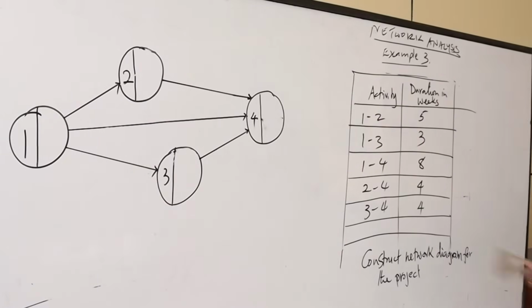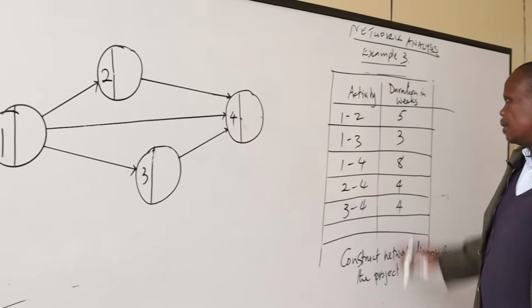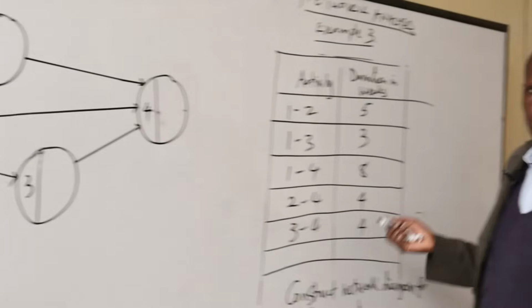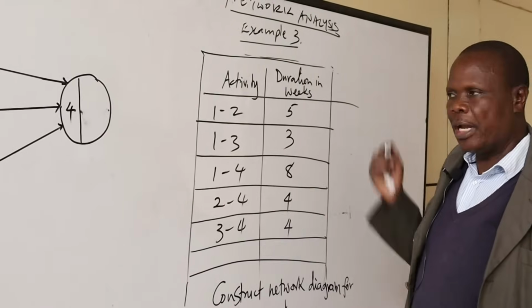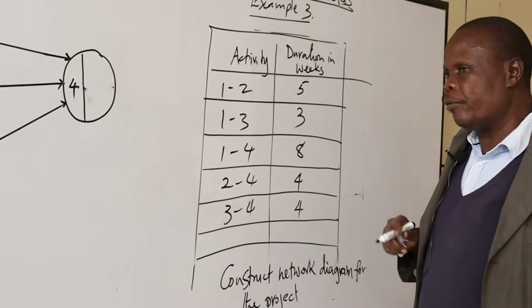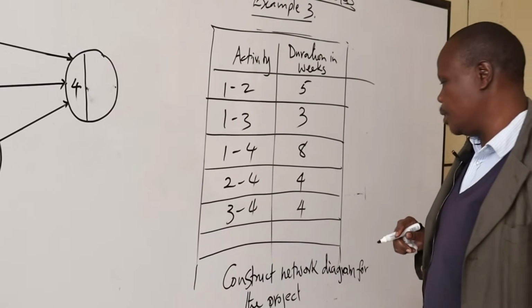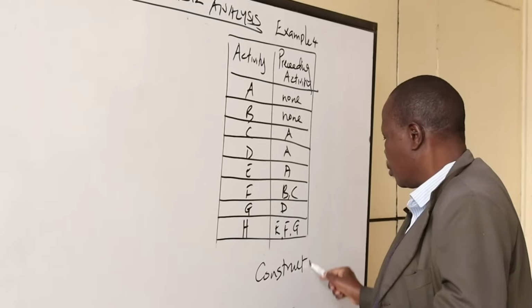This is the network diagram for this. This type looks simpler as compared to the first two examples.